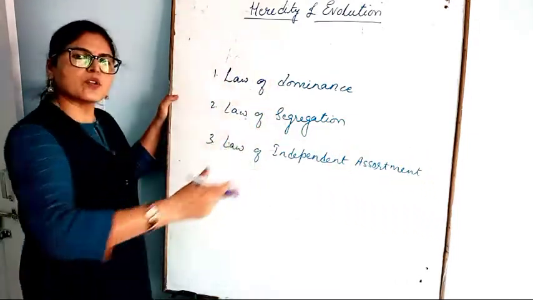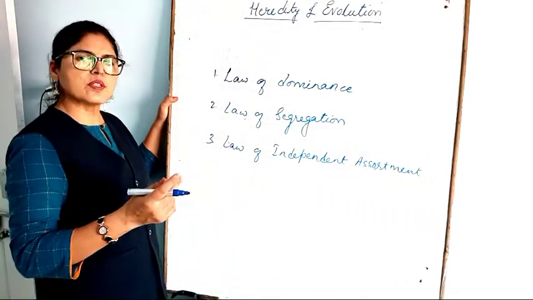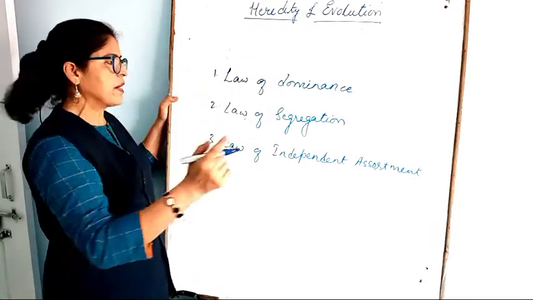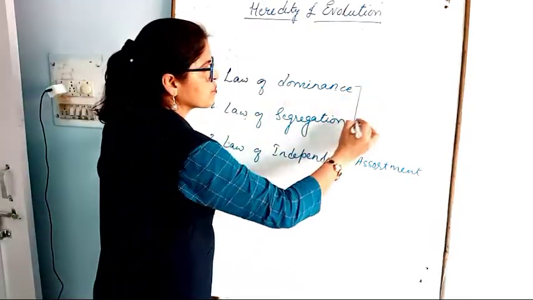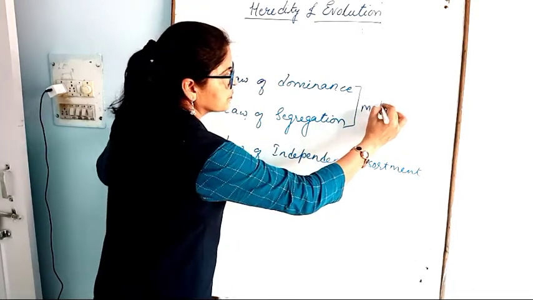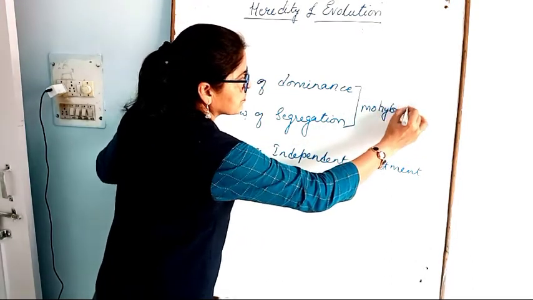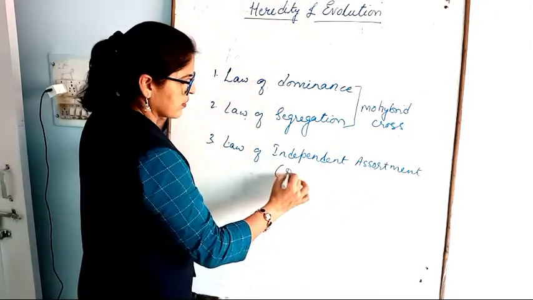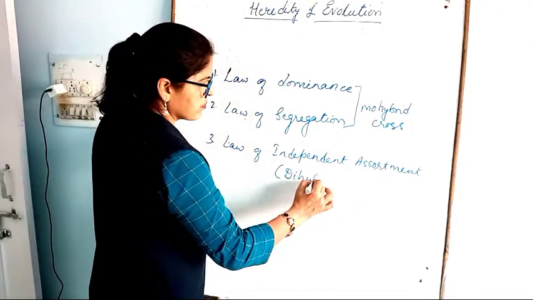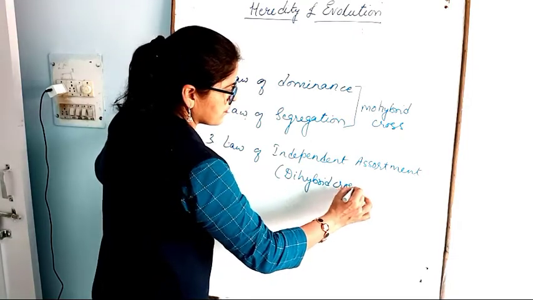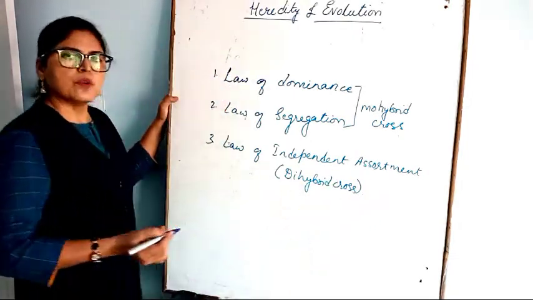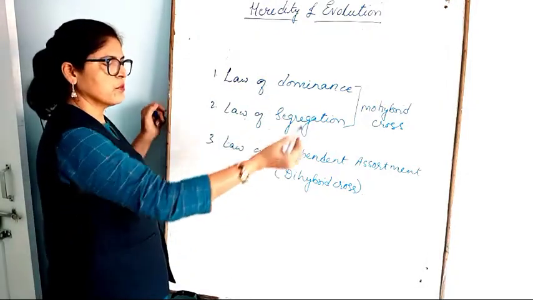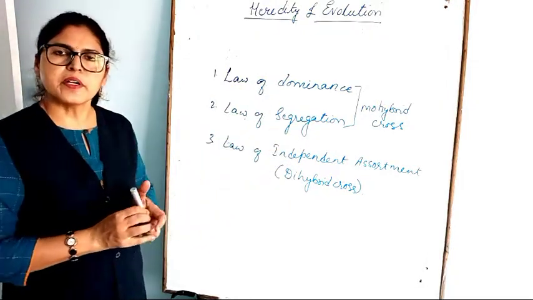These 3 laws have been proved by the 2 crosses of Mendel. These 2 laws by the monohybrid cross, and this law by the dihybrid cross. So to understand these laws, we have to study the monohybrid cross and the dihybrid cross.